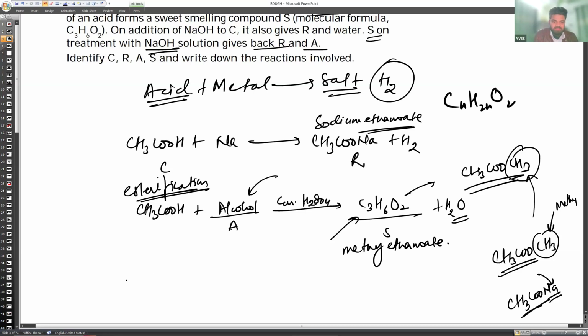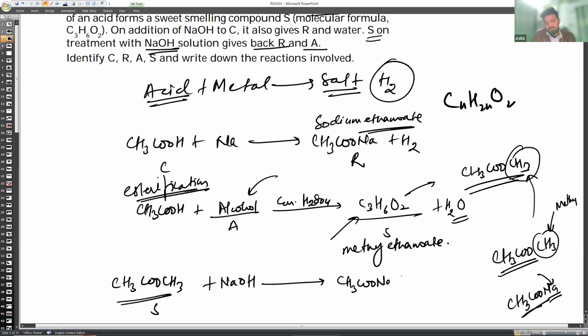This S, I can write it this way, CH3COOCH3. This is S. When it reacts with NaOH, it will give you R and A back. R is this one, CH3COONa, and A is the alcohol, which is methanol, CH3OH.